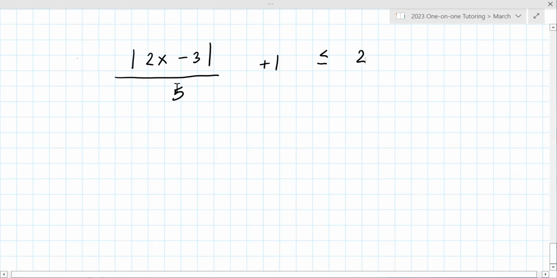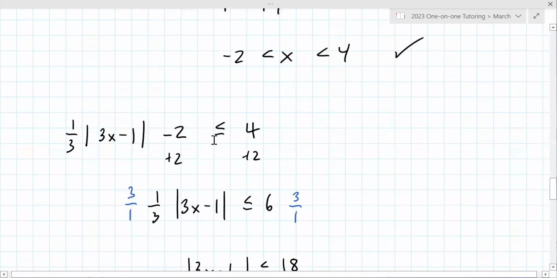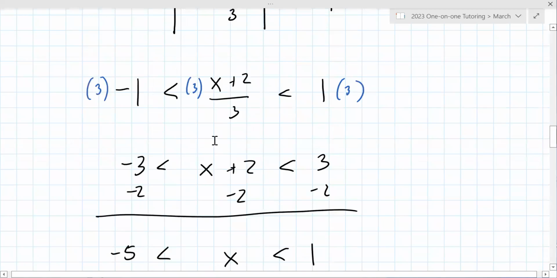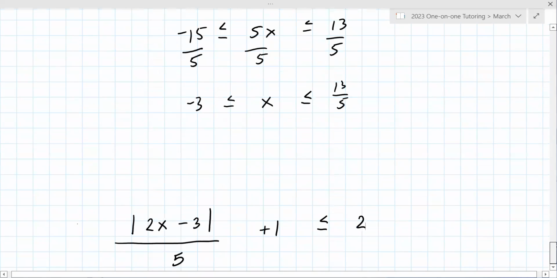Do you clearly see that the fraction bar is outside of the absolute value here on the left? Whereas in an earlier problem, the fraction bar was actually inside the absolute value. You have to visually distinguish between those two.